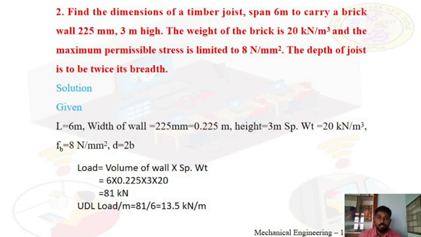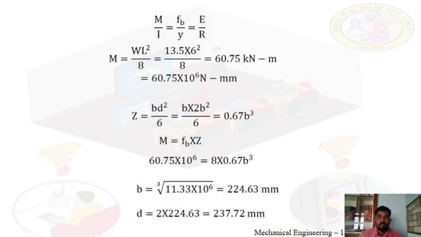But our intention is to find out the dimensions, means breadth and depth of the timber joist. Now write immediately the bending equation: M by I is equal to fb by y is equal to E by R. Young's modulus and radius of curvature are not given, so ignore that.